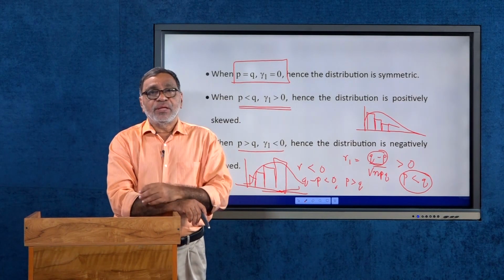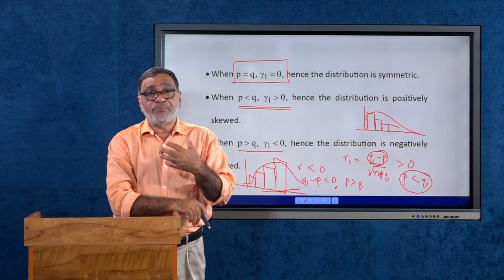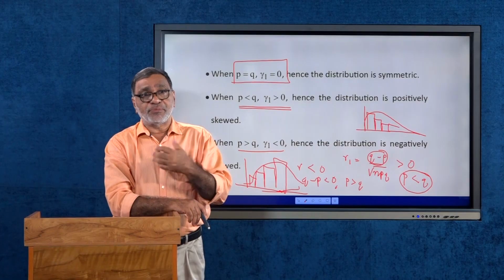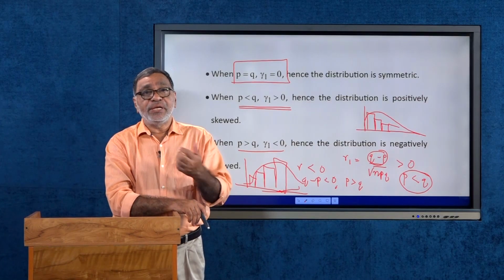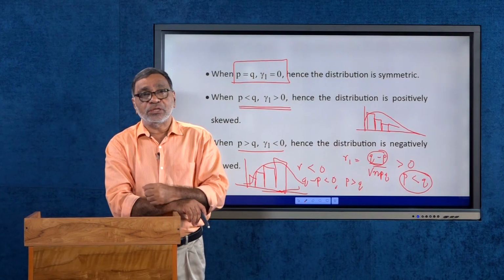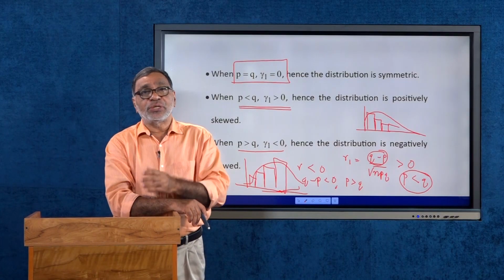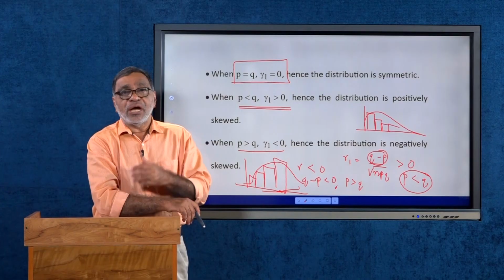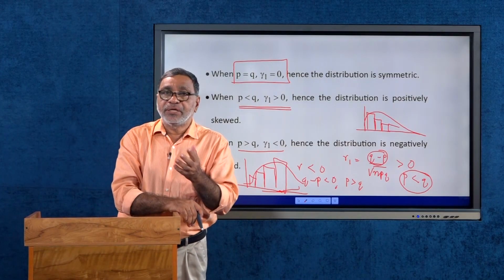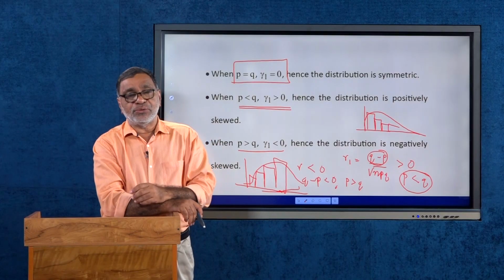And if you have a binomial random variable with n equal to some value, suppose 10, and p is less than q, that is p equal to 1 by 4 and q equal to 3 by 4, you can have the histogram of that binomial distribution, and that can be seen as a positively skewed one. And when p is greater than q, it is negatively skewed.